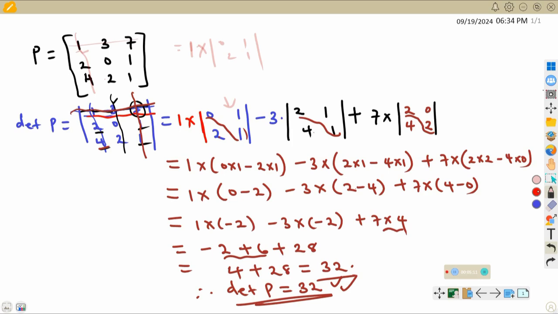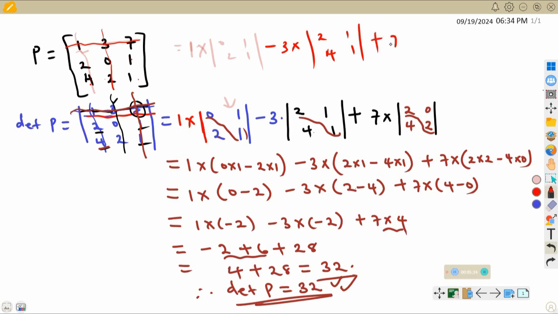Then the next procedure again, you will subtract 3 times, where does 3 lie? 3 lies in this column and this row. So when you delete them, what remains? 2, 1, 4, 1. Like that.